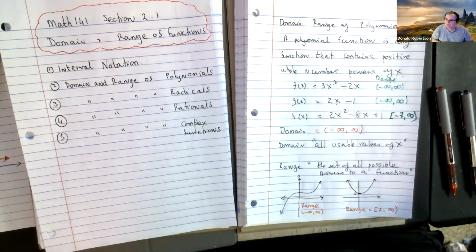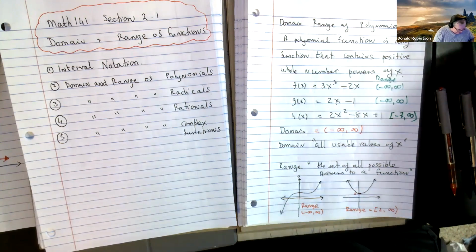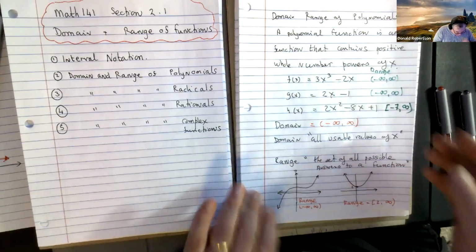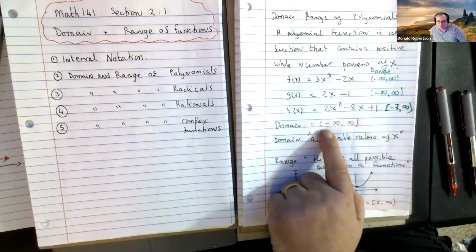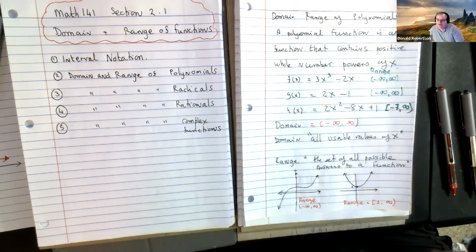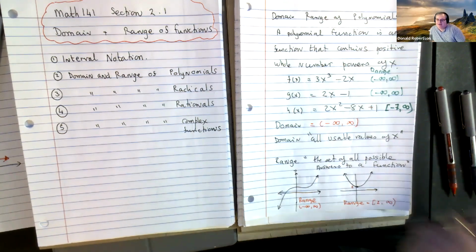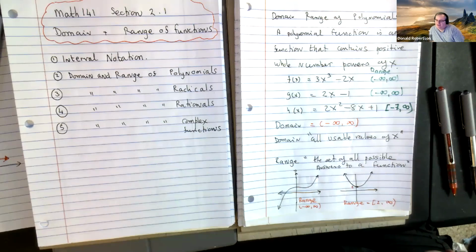Cool. And that's pretty much all you need to know to get the domain and range of a polynomial. The domain is always going to be -infinity to infinity, unless they tell you something else. And the range, well, if you put it into Desmos, you should be able to tell, right? Just look at it and see what kind of picture you get.